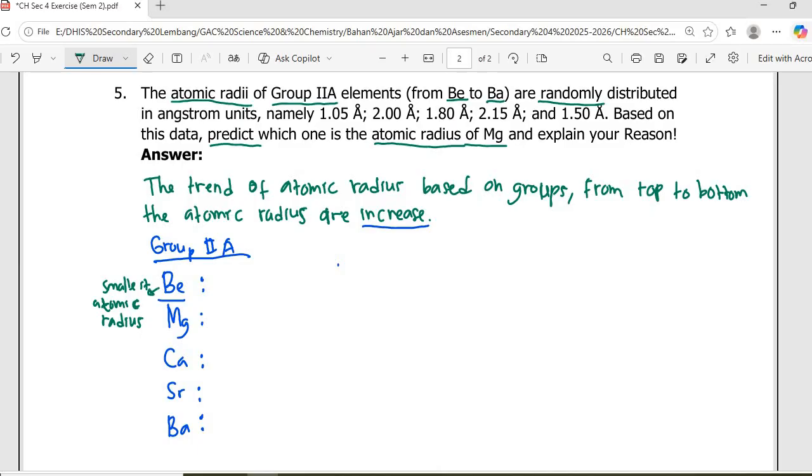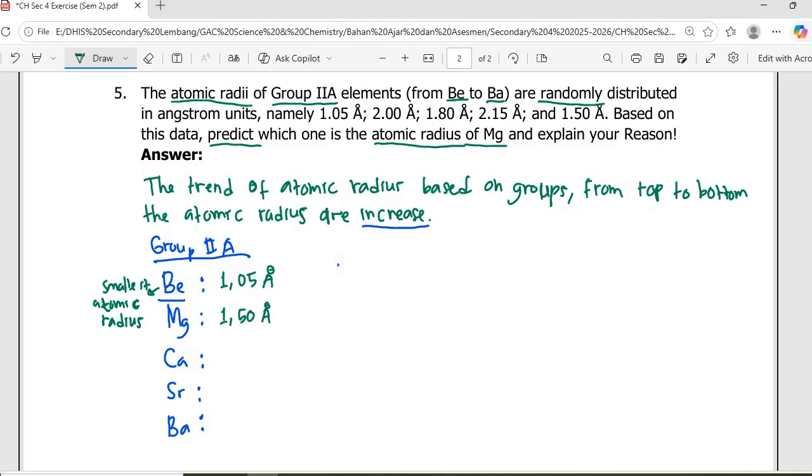So we can predict that the atomic radius of beryllium is 1.05 angstrom, and the second one is magnesium, 1.50 angstrom.